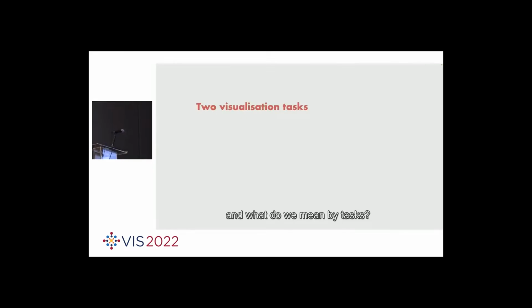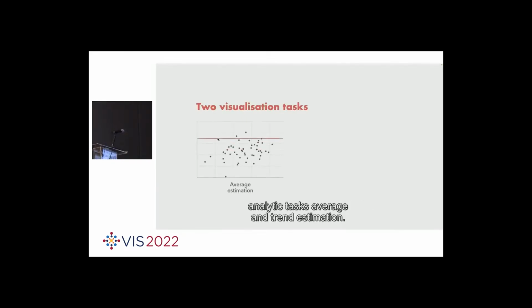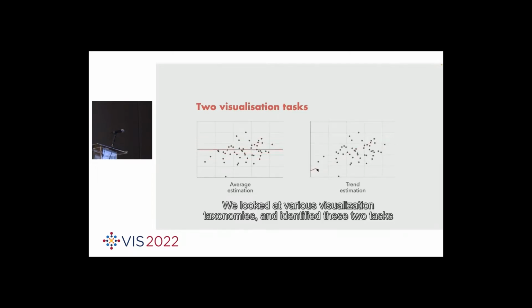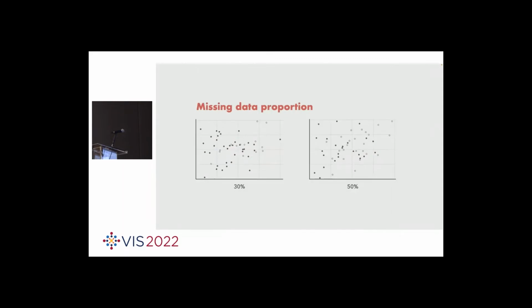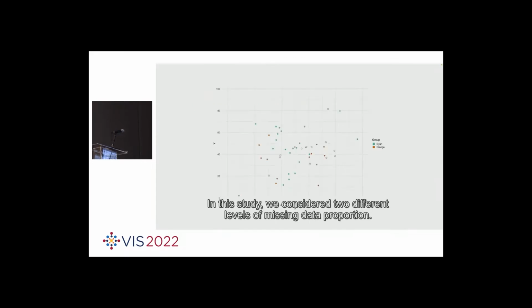For this study, we look at how participants perform on 2 visual analytic tasks, average and trend estimation. We looked at various visualization taxonomies and identified these 2 tasks to be most likely to be impacted by the presence of missing values and imputing missing values. Another factor that we consider is missing data proportion. In this study, we considered 2 different levels of missing data proportion.